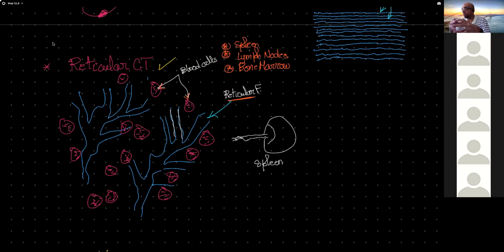Having just white blood cells without passing through the activation process in my lymph nodes, they won't be functioning. They won't have any effect on getting rid of the pathogen. All right, so what do we call all those three collectively? We call those the lymphoid organs.